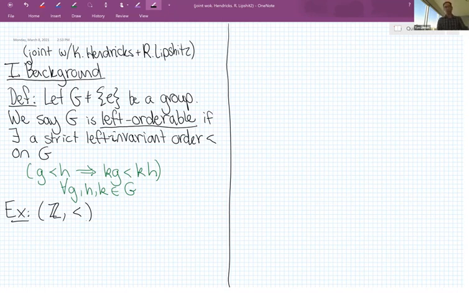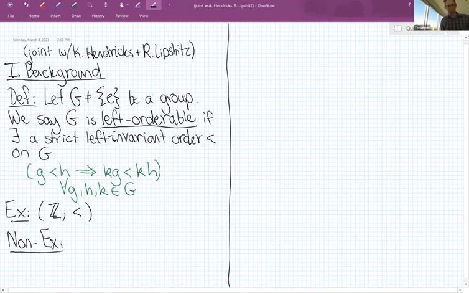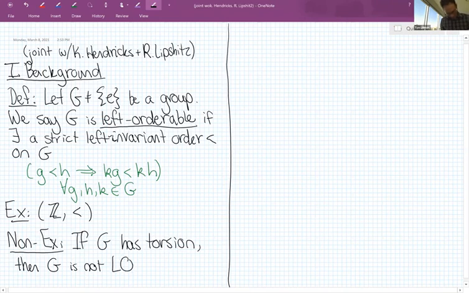So an interesting question is which groups have this kind of orderable structure, and not all of them do. For instance, I'll give a non-example: if G has torsion, then G is not left orderable. We can give a quick proof.